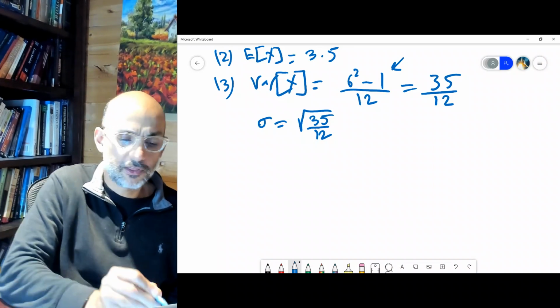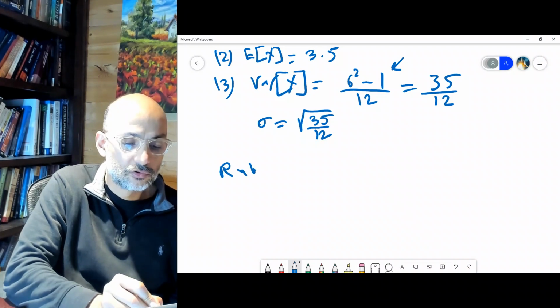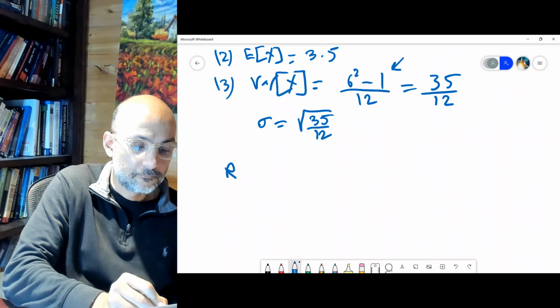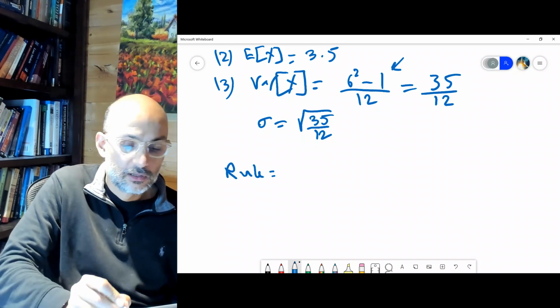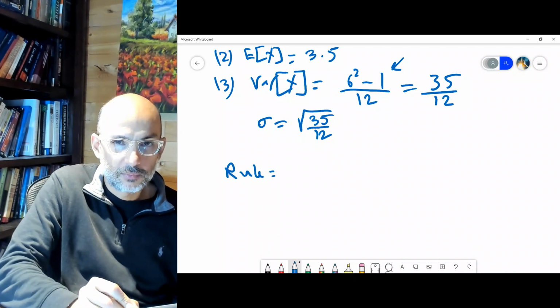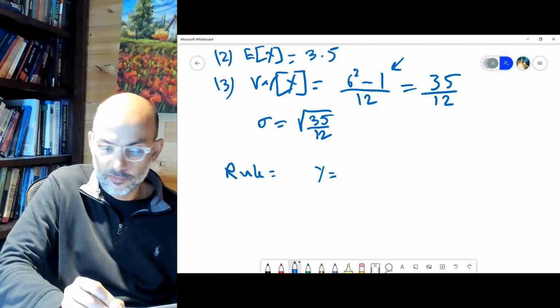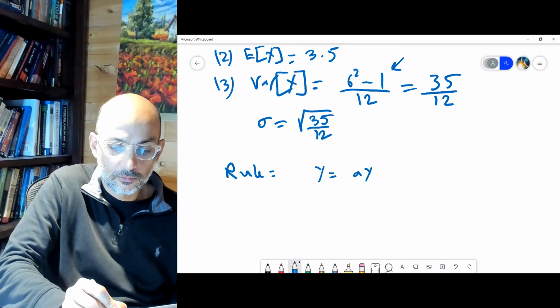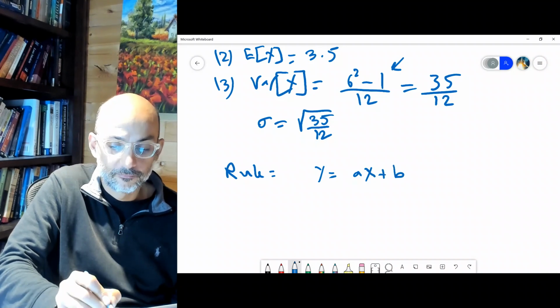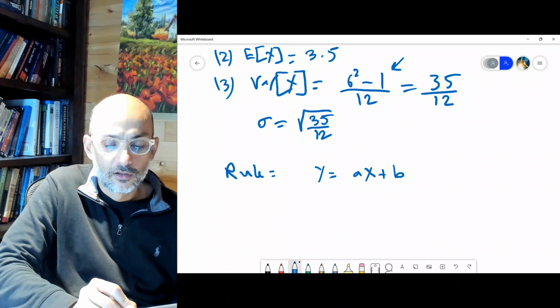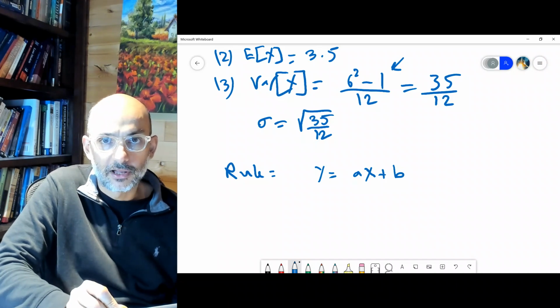Right. So another rule I wanted also to talk about is if you define y to be a function, like ax plus b, where a and b are constants. So x is the random variable, and you define y to be a function of the random variable.